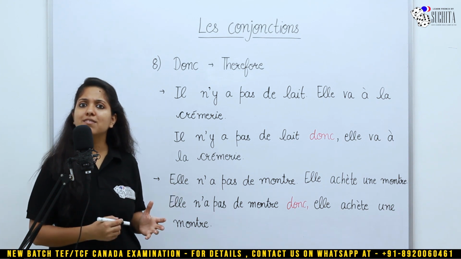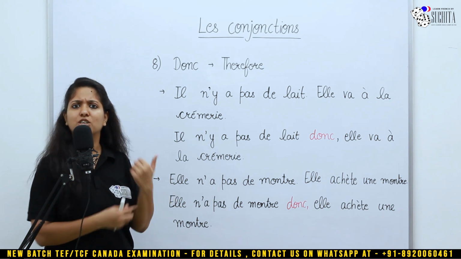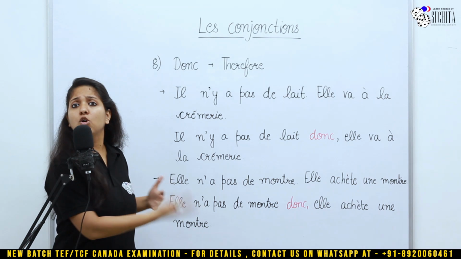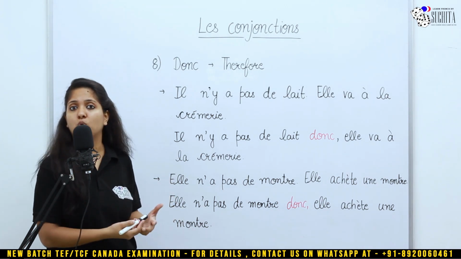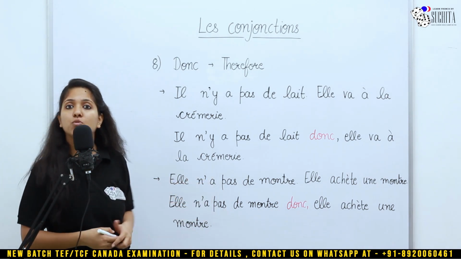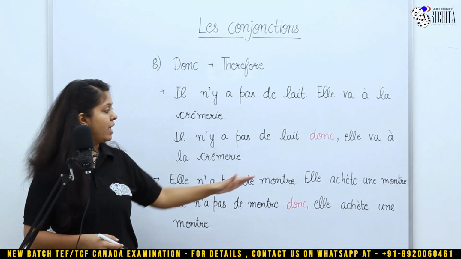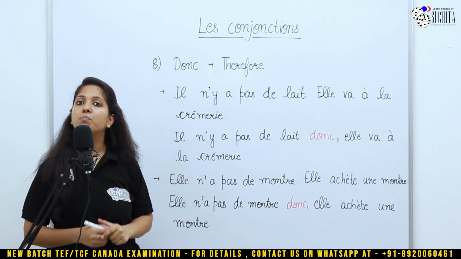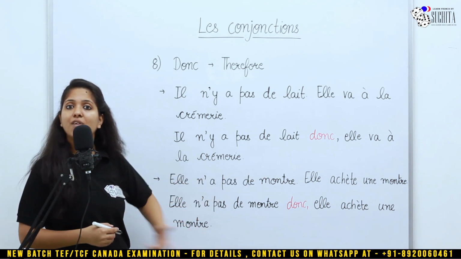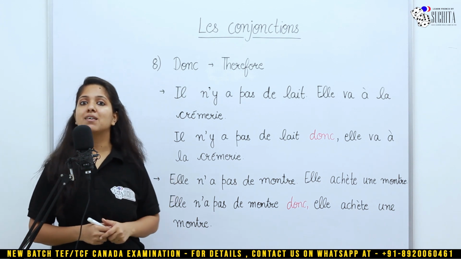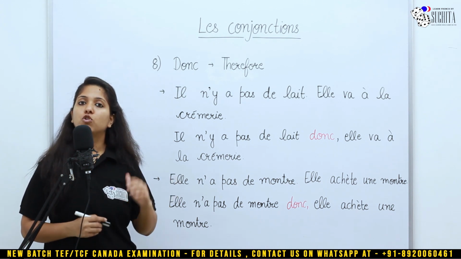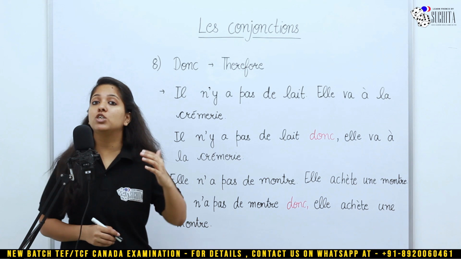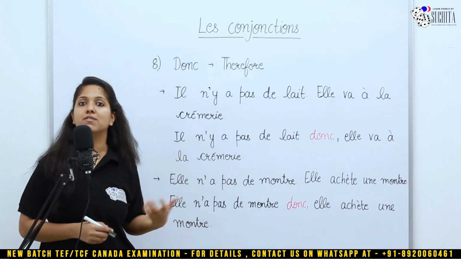So now the reason is, what is the cause? The cause is that she doesn't have the watch and the consequence is that she buys a watch. So elle n'a pas de montre, donc elle achète une montre. She doesn't have the watch, therefore she buys a watch. So you use the conjunction donc to introduce a consequence of a cause.